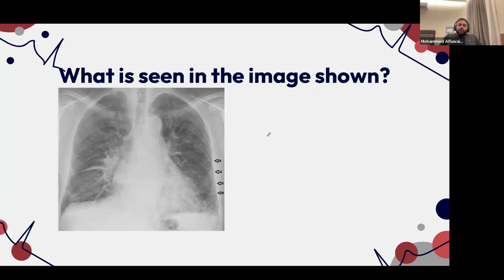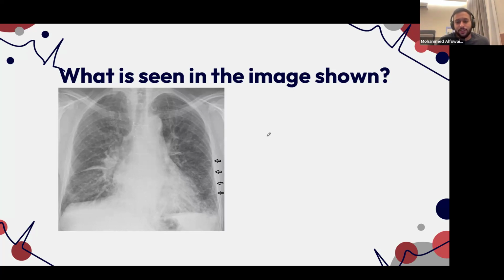Now, what does this patient have? Pulmonary edema. Good. What features of pulmonary edema can you see? Okay, so very important characteristics. A reticular nodular pattern. Good.